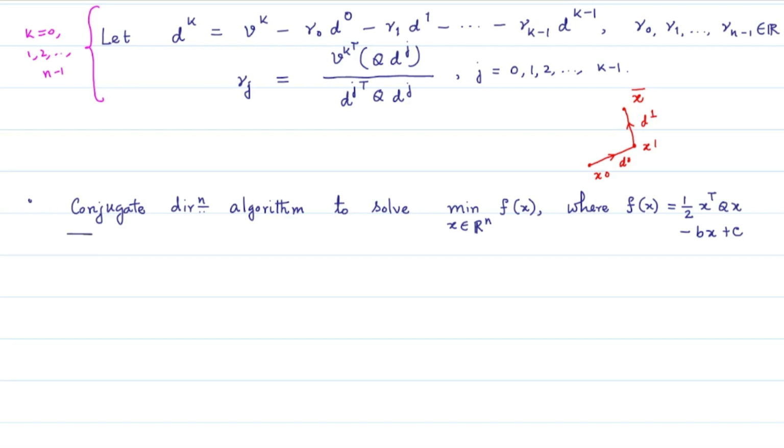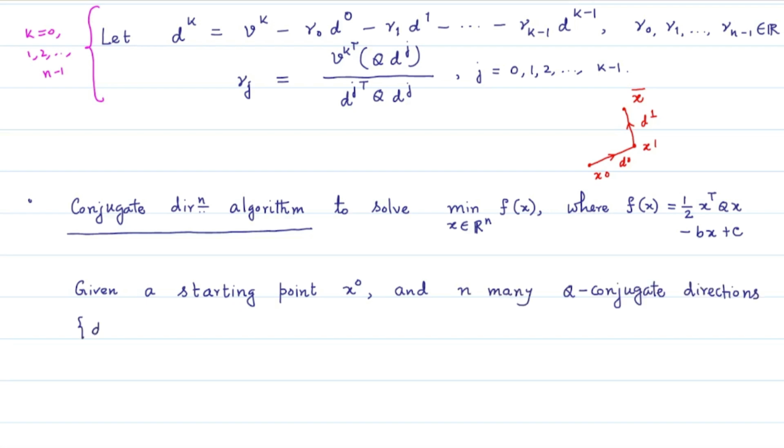For this algorithm of the conjugate direction method, we start with a given initial point, say x0, and a set of n many Q-conjugate directions d0, d1, d2 till dn minus 1.